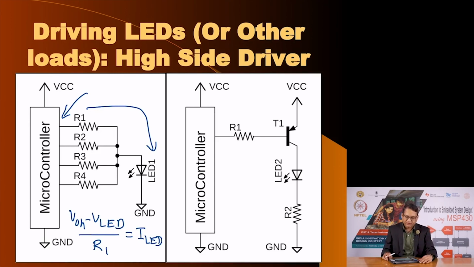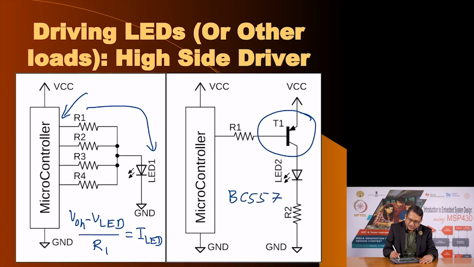This is one configuration, and the other configuration, if we want high side control of the current, is to use a PNP transistor as a switch. Here we have used a PNP transistor, similar to BC547; a corresponding PNP transistor is BC557.